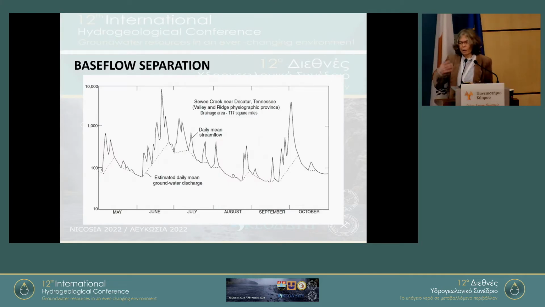So traditionally, we do baseflow separation, where we have observed stream flow records. We try with numerical methods to find the antecedent recession to distinguish the baseflow from the stream flow. Here we see separation with PART.